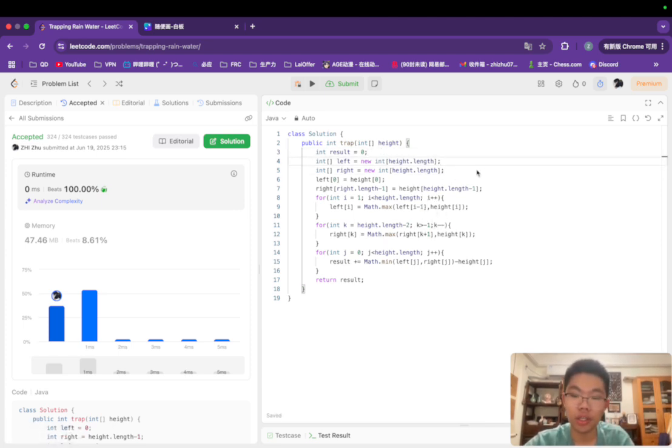However, the main additional space is these two additional arrays. They are O(n) and O(n), and if we add two O(n)s together, it's still O(n). So the first one is worse than the second one, since the first one consumes O(n) space. Alright, and that's all. Thank you for watching. Bye.